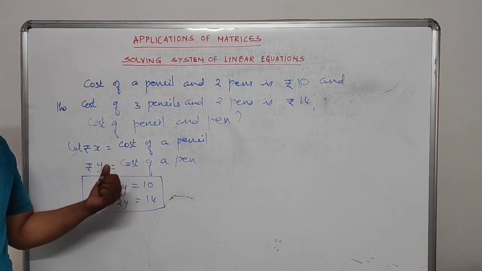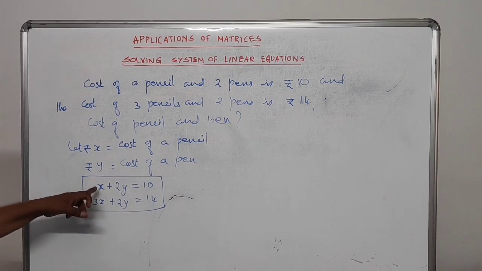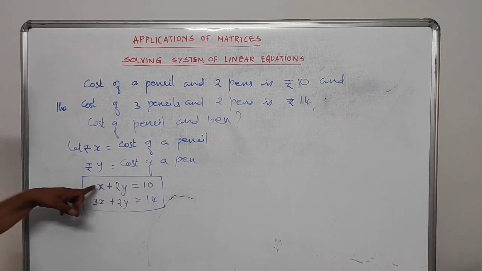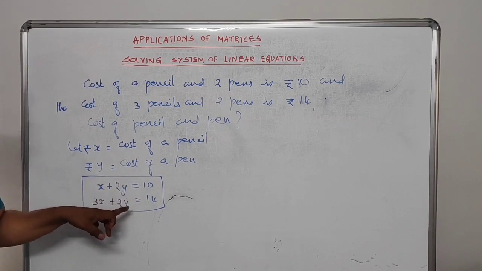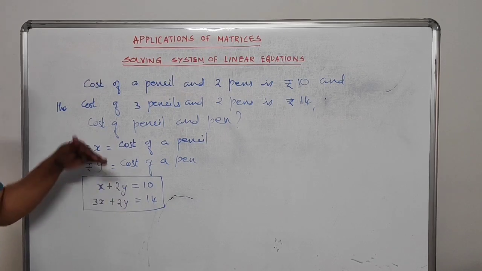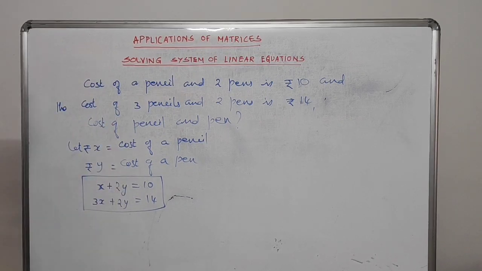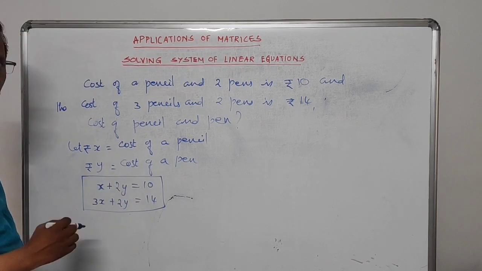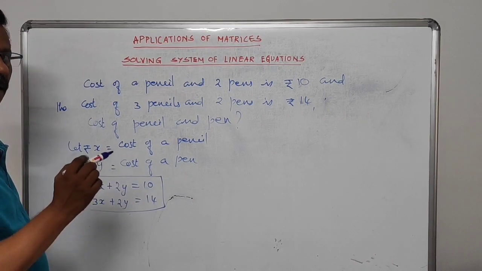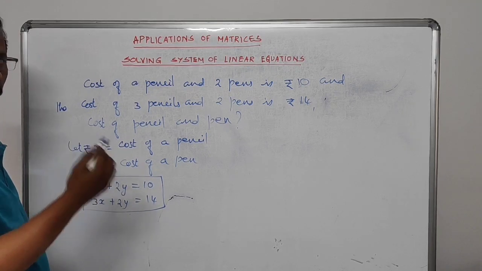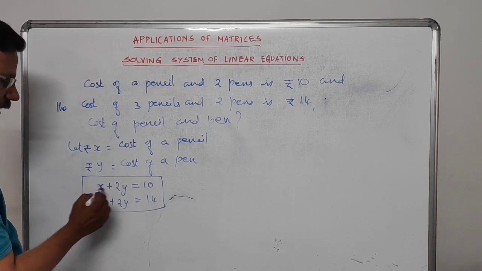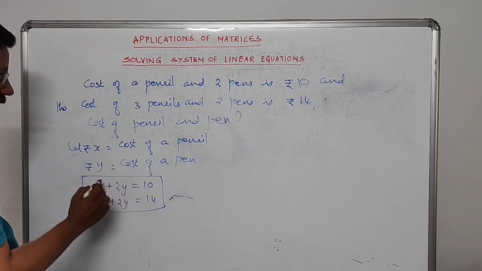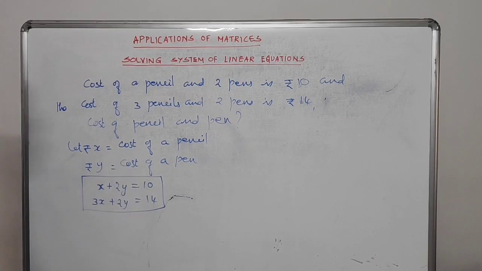Why are we calling these linear equations? The variables here are x and y; you can call them unknowns. x and y are two unknowns in both equations, and all these unknowns have degree 1. Therefore, these are called linear equations. Equations whose variables have degree 1 are called linear equations.